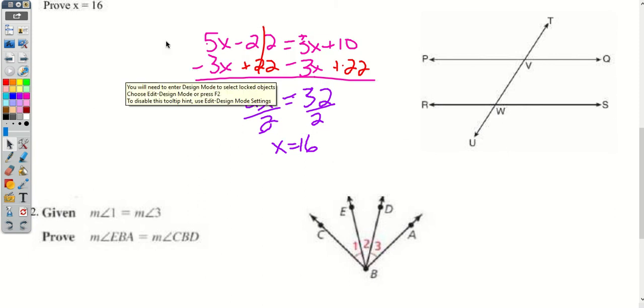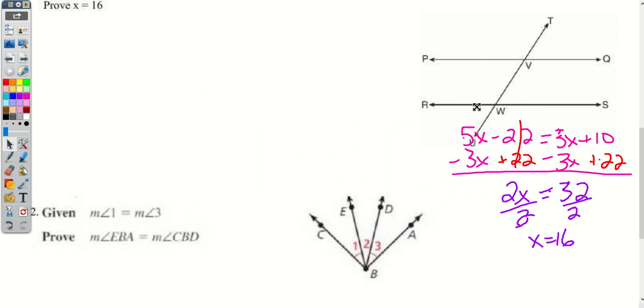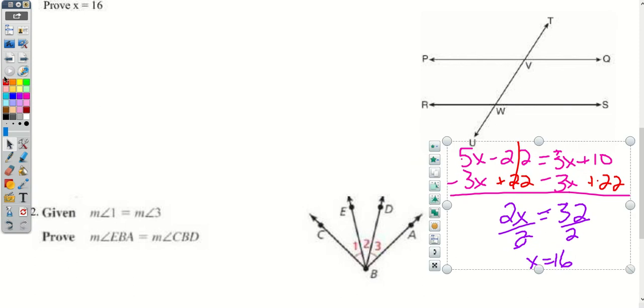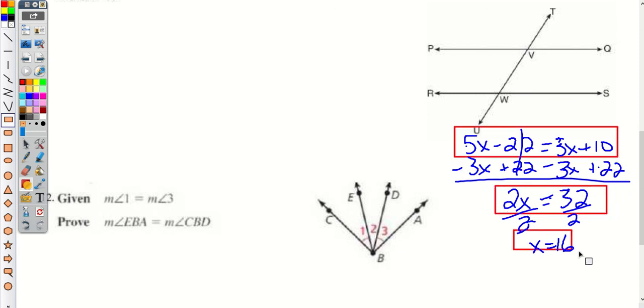All right, so we're going to use this in our proof. So let's turn it to a color. Let's go blue. All right. And we're only going to do the equations as our statements, remember? So I'm going to go ahead and use this as my equation. That's my equation. That's my equation.